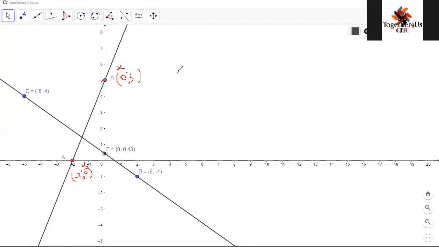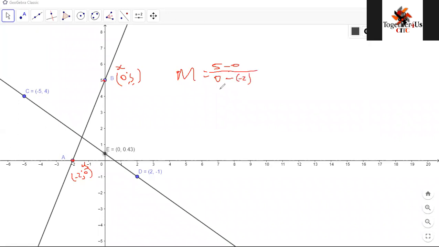So let's go for this. We look for the gradient, and basically the gradient is going to be change in y divided by change in x. So it's going to be, now notice, 5 over 2, not negative 2. Notice that, because I'm having here 5 minus 0, and at the bottom, 0 minus negative 2.